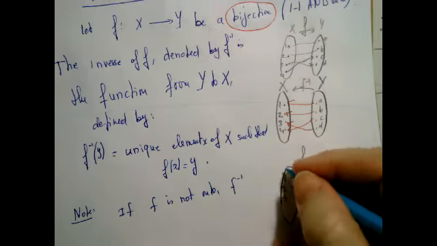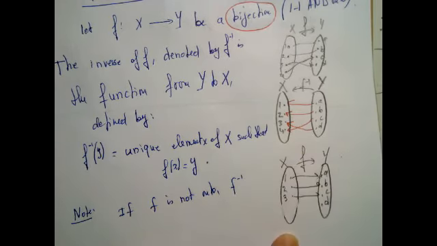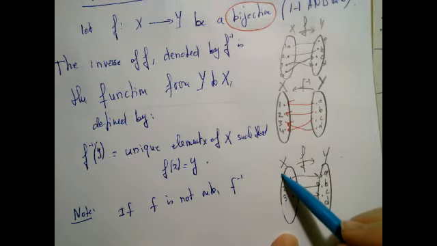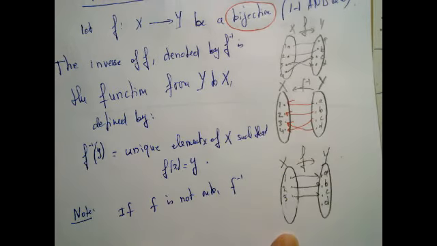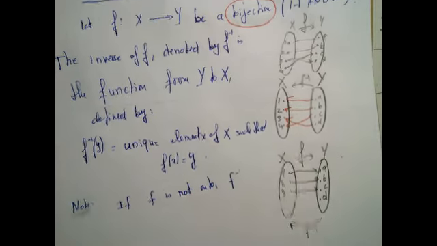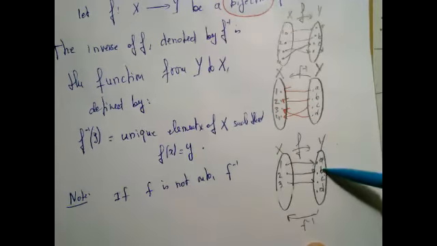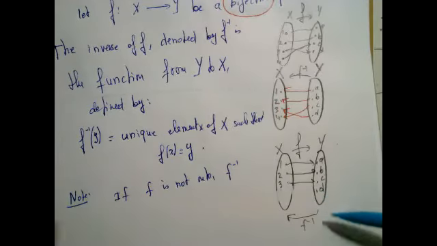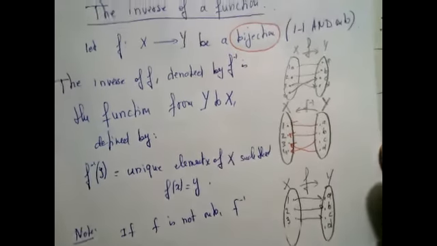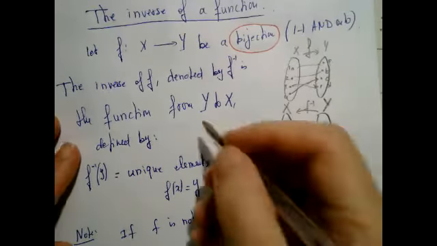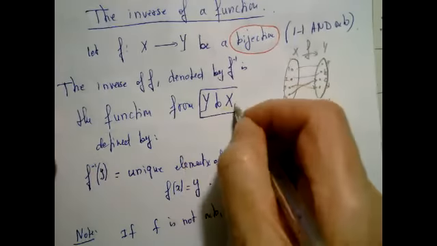Okay, that's my X, and that's my Y. So F inverse will not be a function from Y to X, because remember, the definition of a function means that to each element, so F inverse is going to go from here to here. That's what F inverse does. The definition of a function means to each element in the domain. So F inverse will be a function from Y to X.